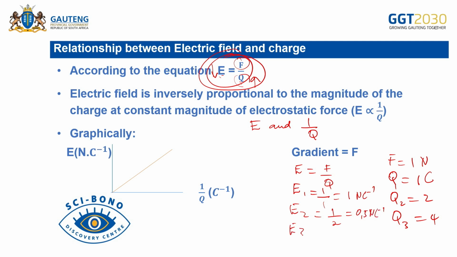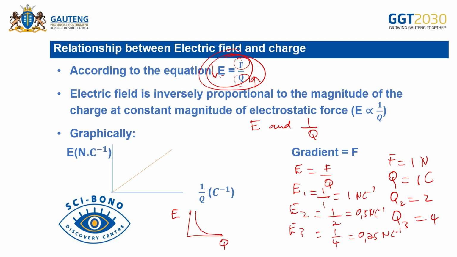Then my E3 is 1 over 4, which is going to be maybe 0.25 Newtons per coulomb. So can you see that when I have E and Q, this is the relationship, okay? This is going to be the relationship. So as Q increases, what happens to E?